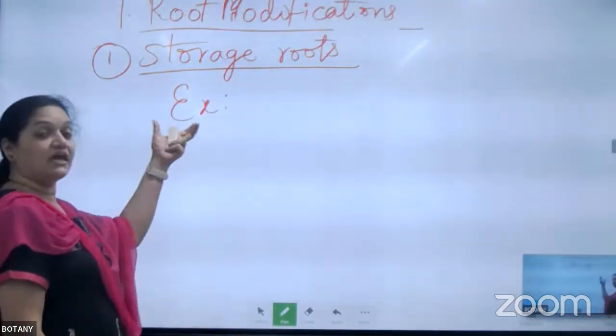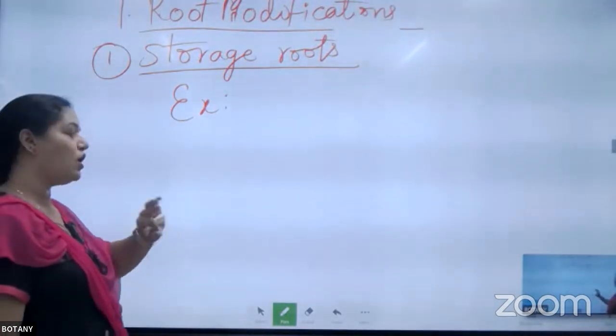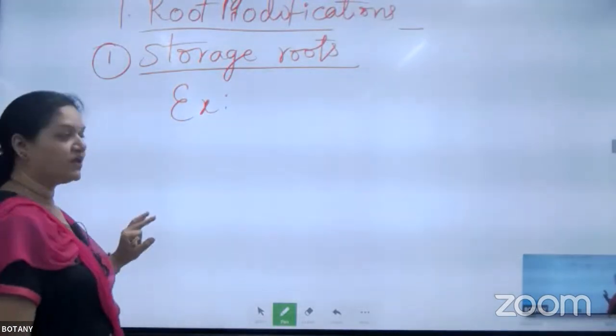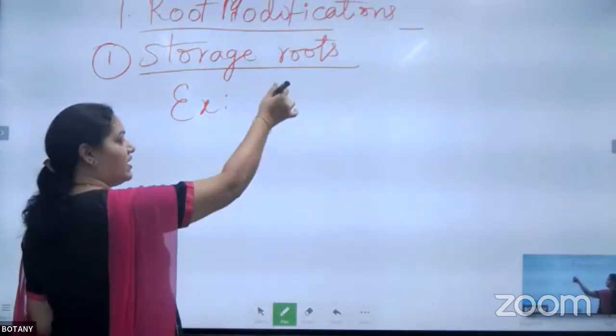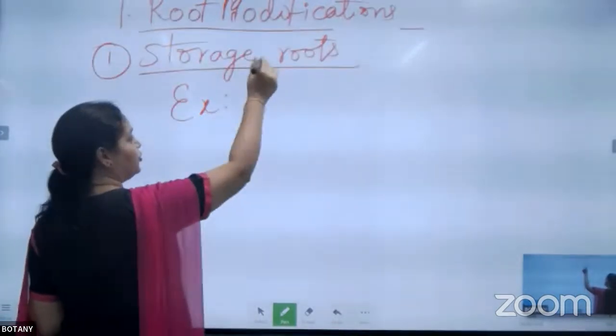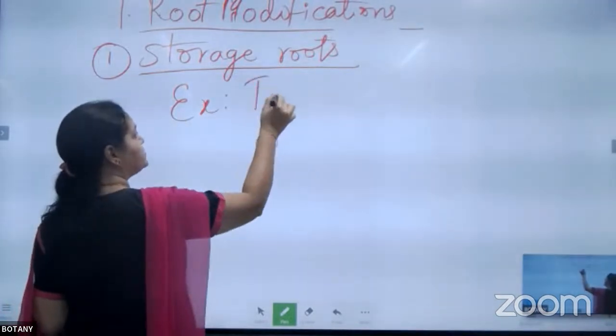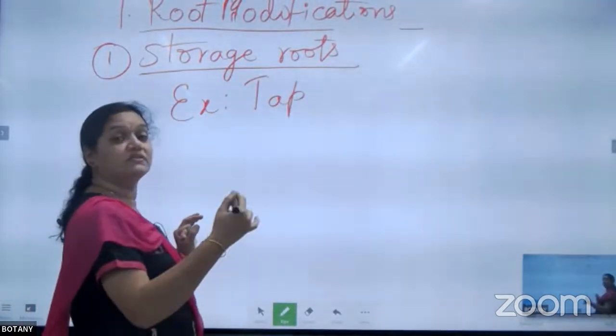In the examples, there are only 5 different types, and all 5 we have to write. What we usually see in our day-to-day life are the examples. The first is that tap roots change into storage roots by modifying themselves.